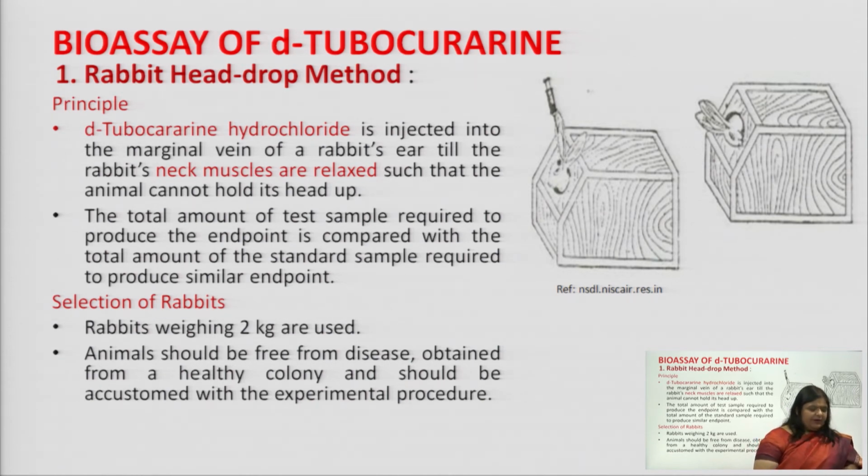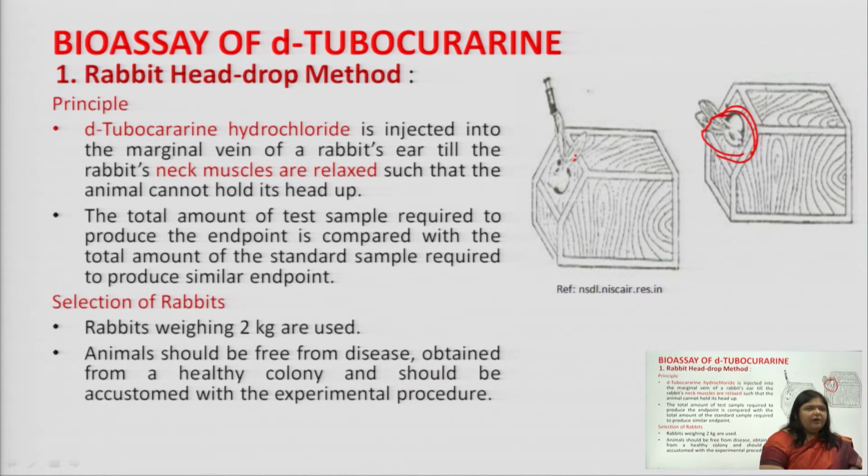D-tubocurarine hydrochloride is injected into the marginal vein of the rabbit ear till the rabbit's neck muscles are relaxed, so that the animal cannot hold its head up. You can see it here in the diagram. We are administering D-tubocurarine into the ear, and you can see the head of the animal drops. It is not able to uplift its head.